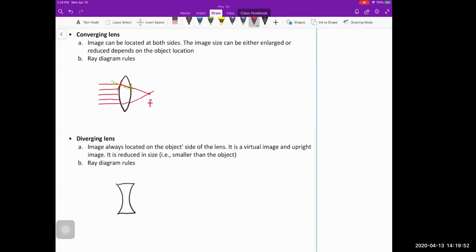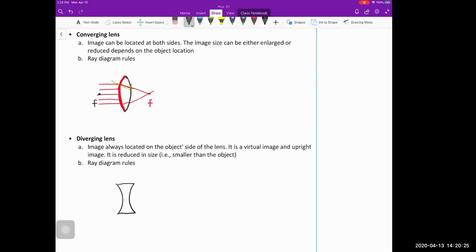This curve over here gives you the focal point on the right-hand side. If you look at the other side, the black one here, you're going to get another focal point if the light is coming from the right-hand side. So that is the focal point corresponding to the right-hand side of this lens.